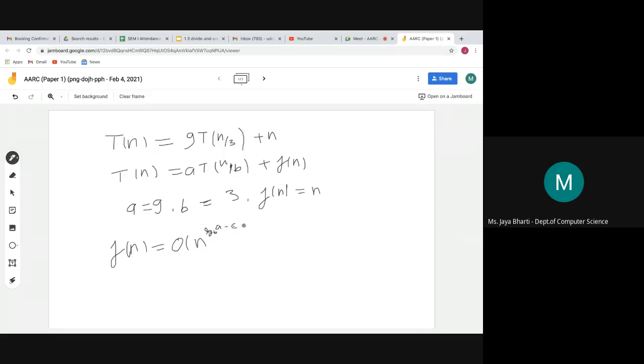Okay, so this is the condition you need to check. So equal to big O of n to the power log, a is equal to 9 and b is equal to 3, and minus epsilon.